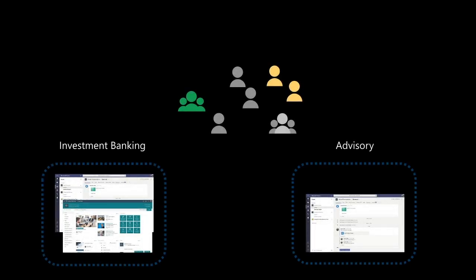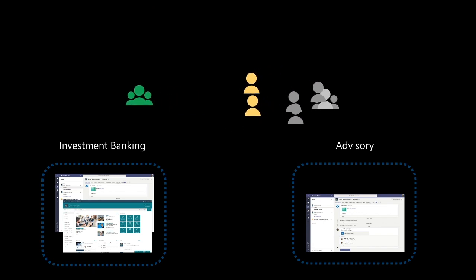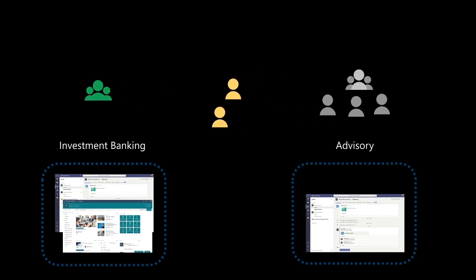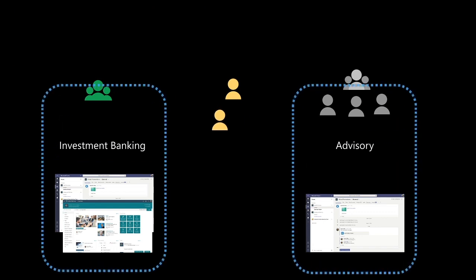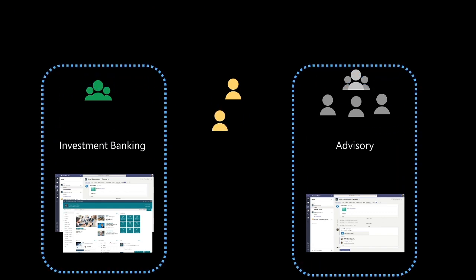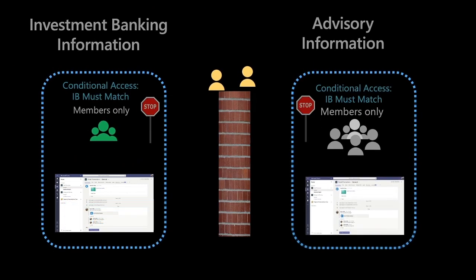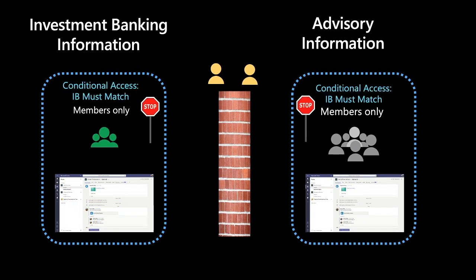What if you have a need to provide segments between two departments in your organization? For example, in this Contoso Bank Corp example, I have investment bankers and advisors, and they have their own corresponding teams and SharePoint experiences that they work with. And due to FINRA-like compliance needs, I need to ensure there is no insider trading between these two departments.